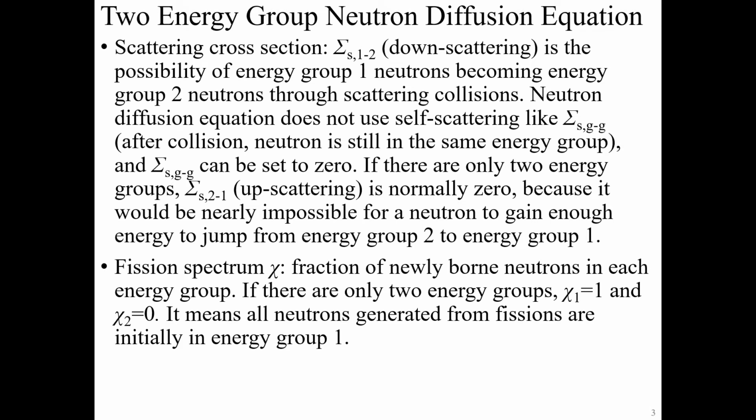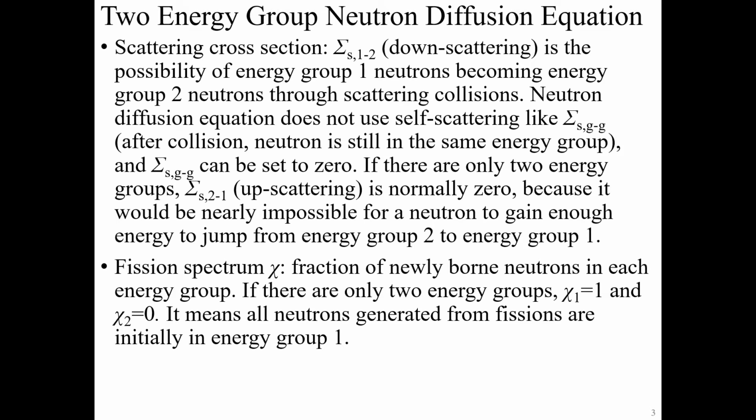The neutron diffusion equation does not use self-scattering like sigma s g to g, which means that after this scattering, the neutron is still inside the same energy group. Therefore, sigma s g to g is set to 0.